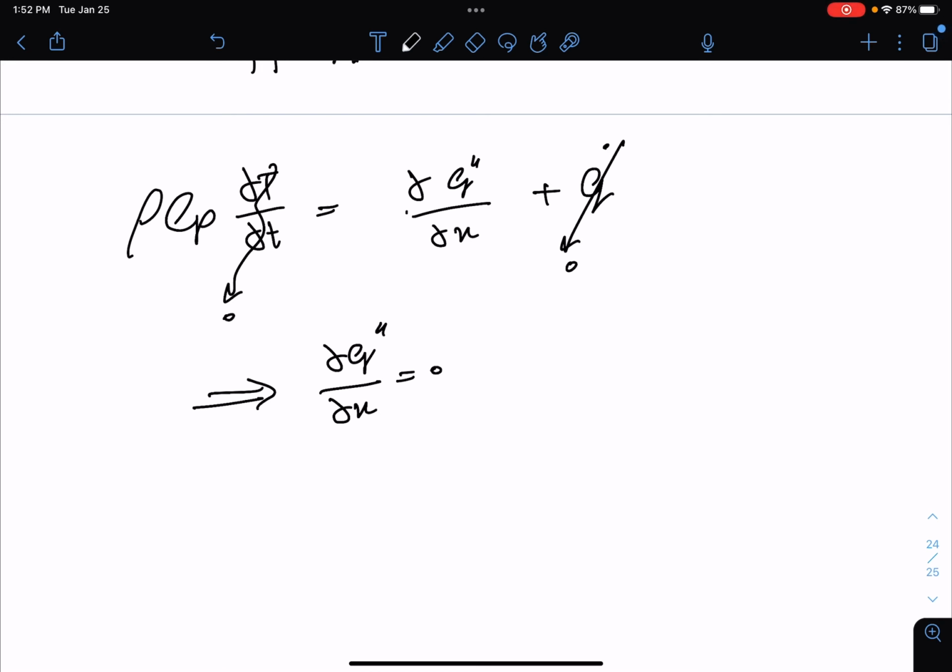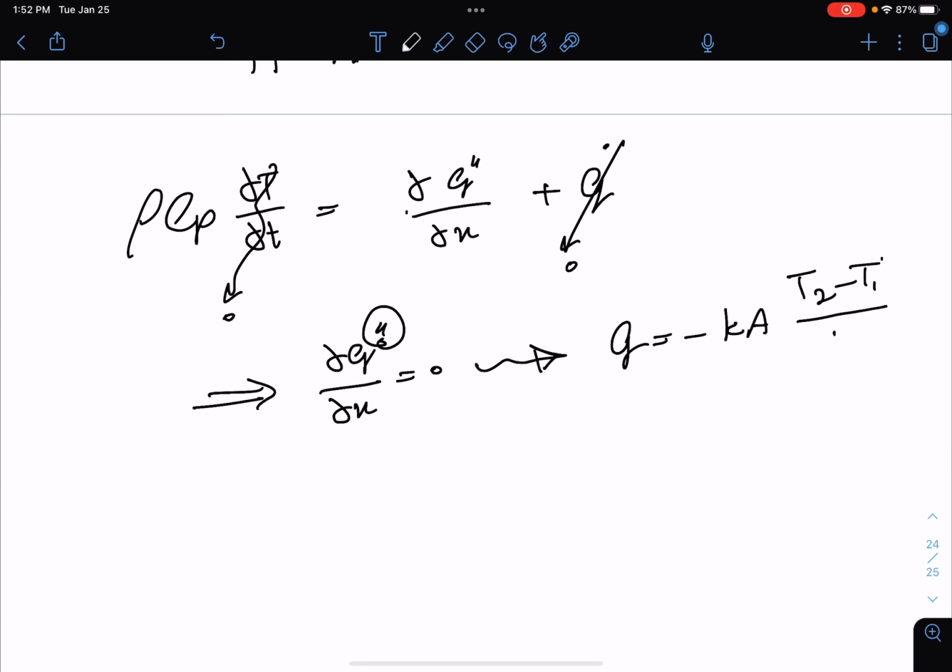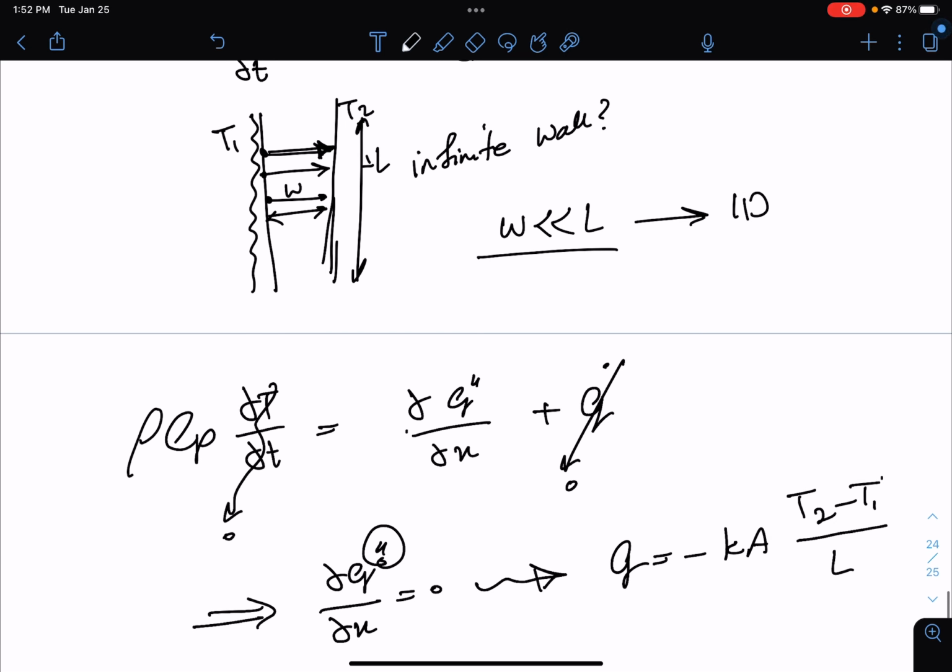We can take the integral once, and this is essentially going to give us Fourier's law, which tells us Q, total heat conduction, not the heat flux. Total heat conduction is negative kA (T2 minus T1) divided by L. And L here, let me actually change this to height, this to L, to avoid any confusion.